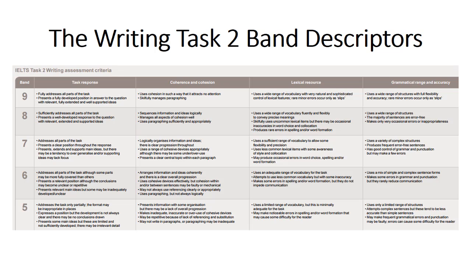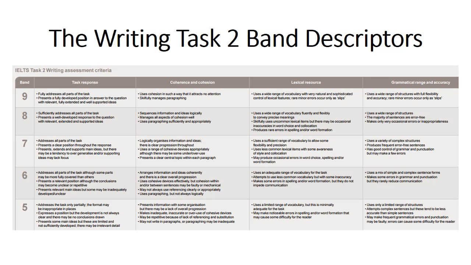Take a look at the Writing Task 2 Band Descriptors. This is what the IELTS examiner uses to give you a score, and these are from the IELTS organization. So we have band 9 down to band 5 on the left, and it actually goes down to band 1 or 0.